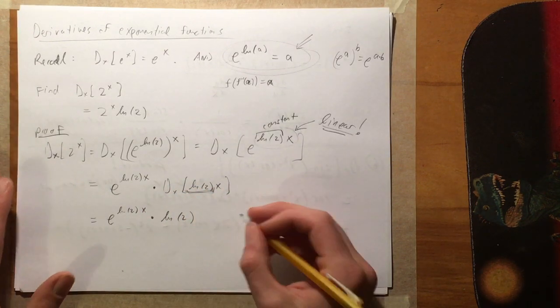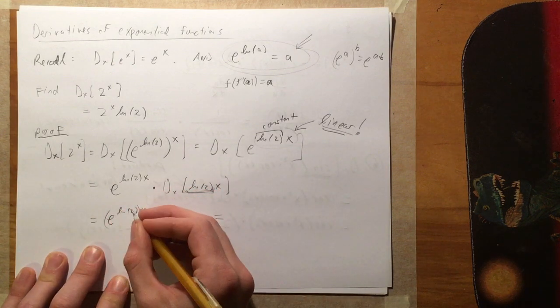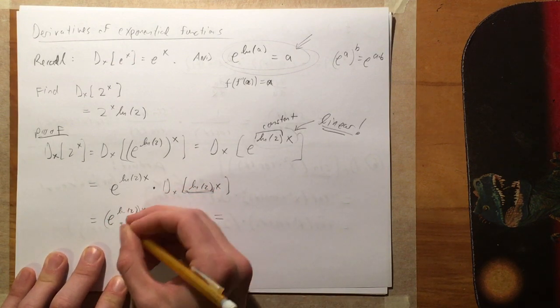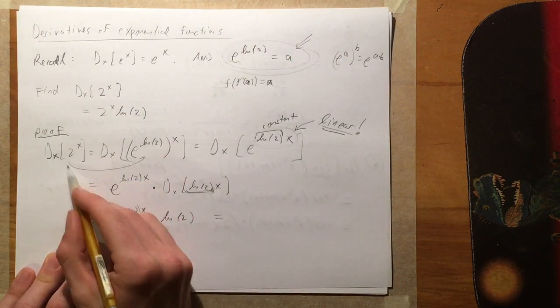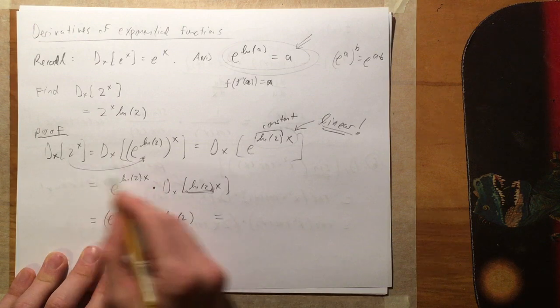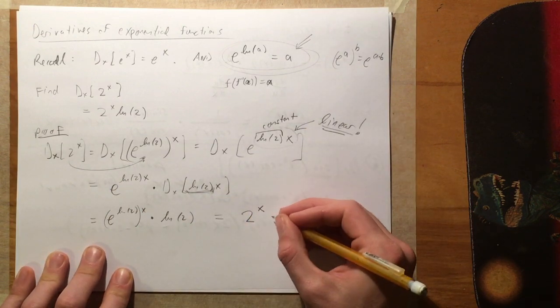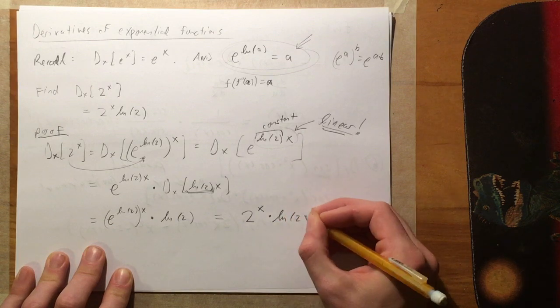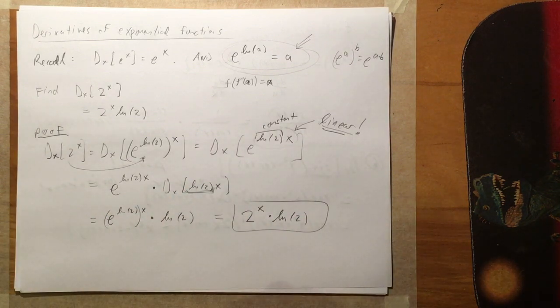So now we're almost there, because we can separate this back out again, e to the natural log of 2, and then that to the power x, and just like we did in this step, that part's just equal to 2. So let's put this back in terms of the 2 to the power x times natural log of 2, and that's how you get your answer.